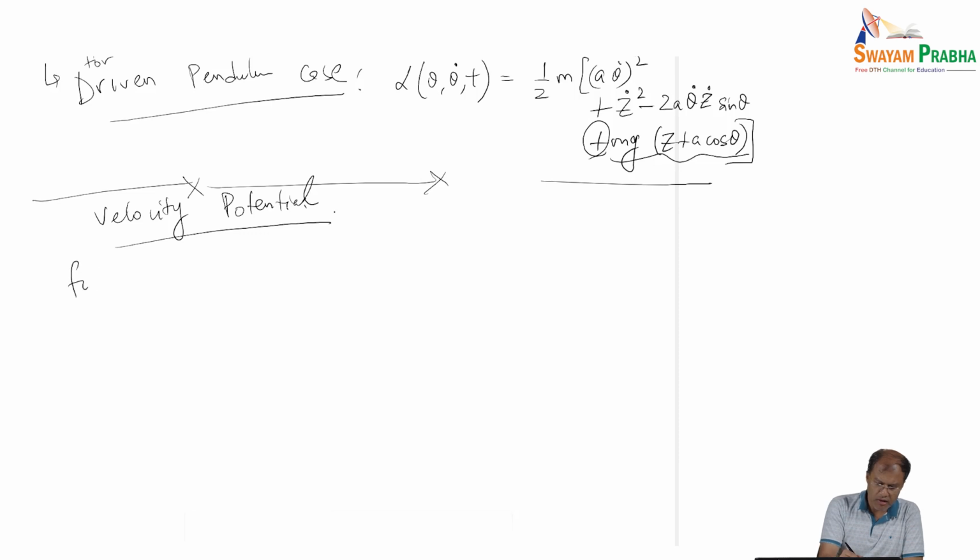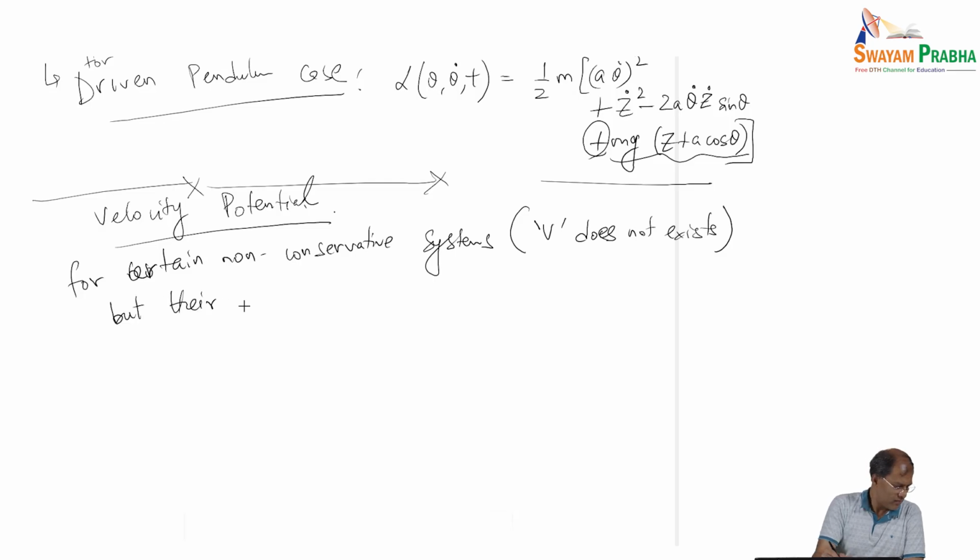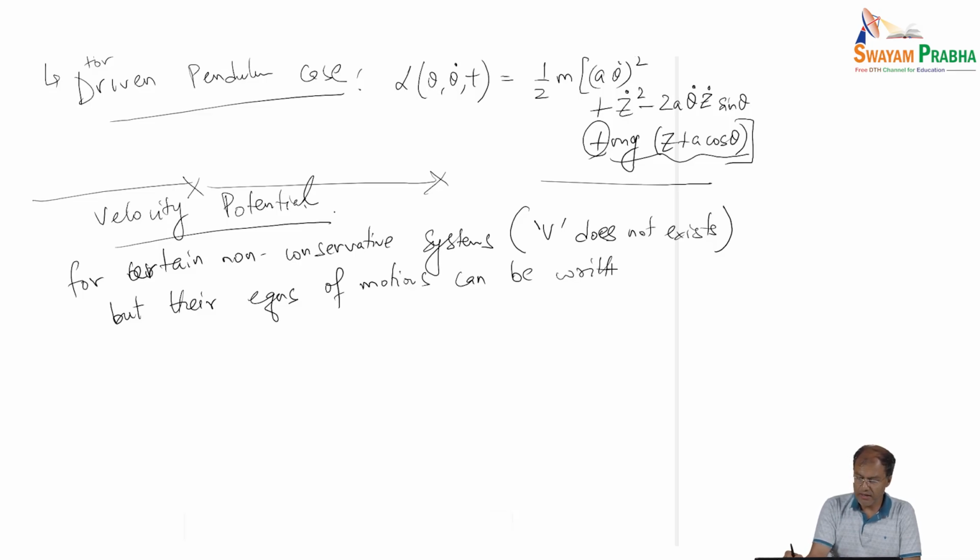For certain non-conservative systems, V does not exist, but their equations of motion can be written in the form of Lagrangian.